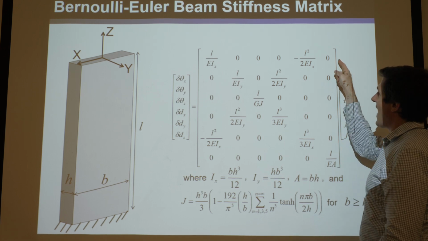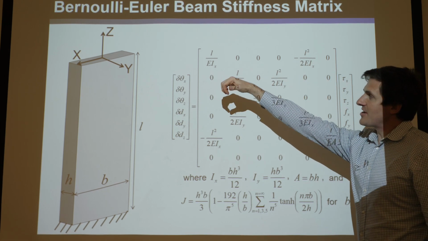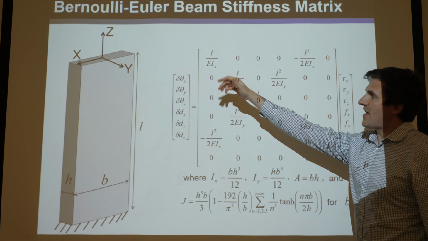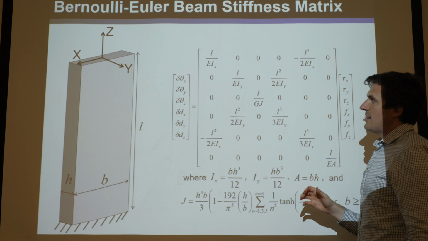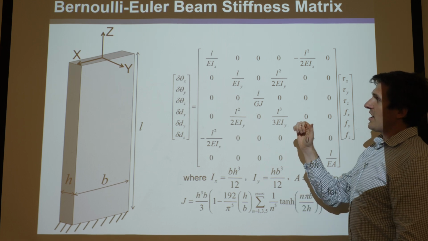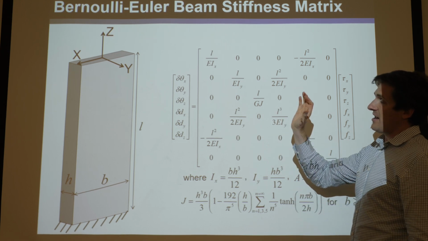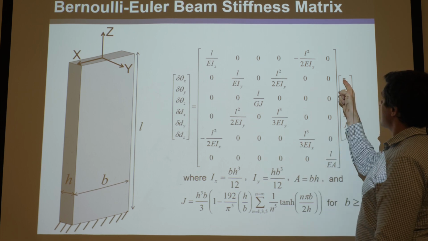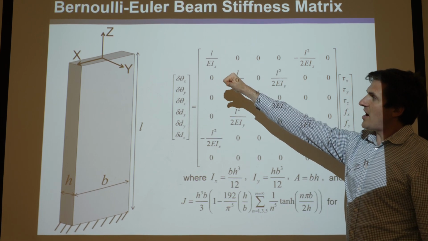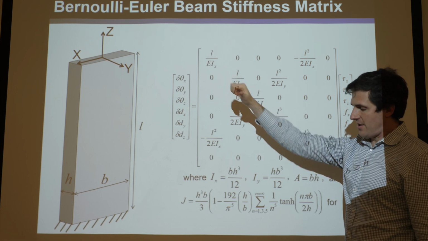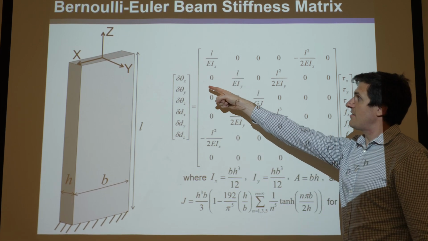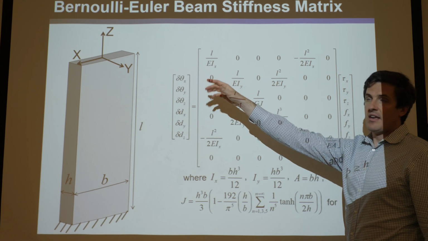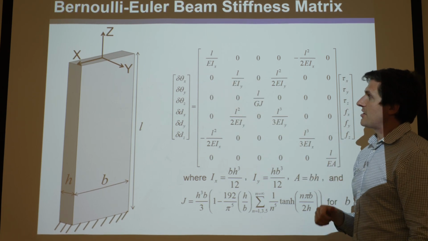If we do a tau x, so imagine putting a torque or a moment on that x-axis right over here, then always assume it's positive. This is positive tau x. If we put a positive tau x using your right hand about this axis, then we would expect a positive delta theta x also in that direction.